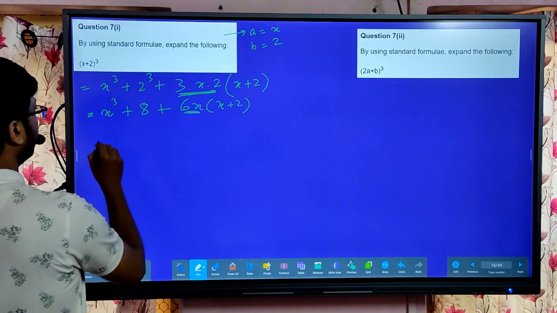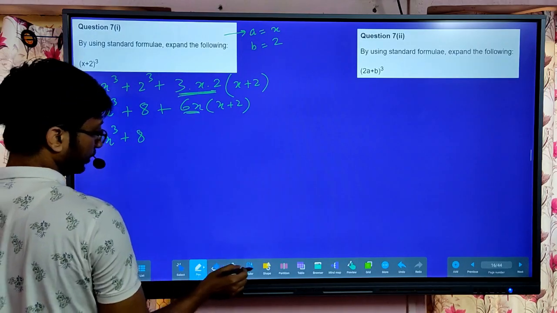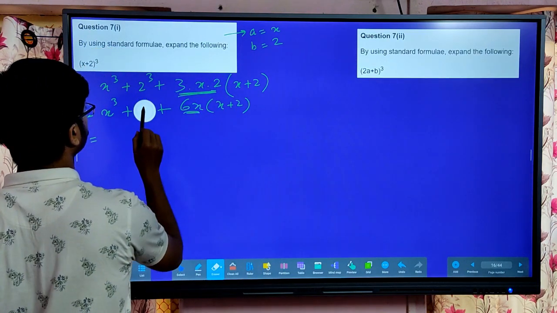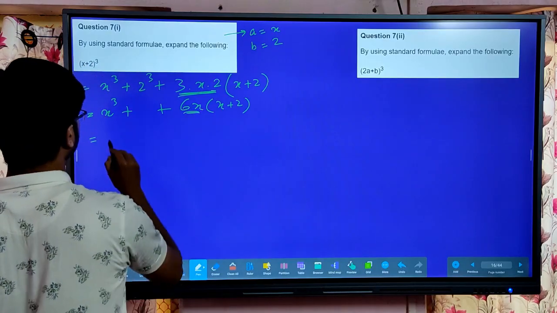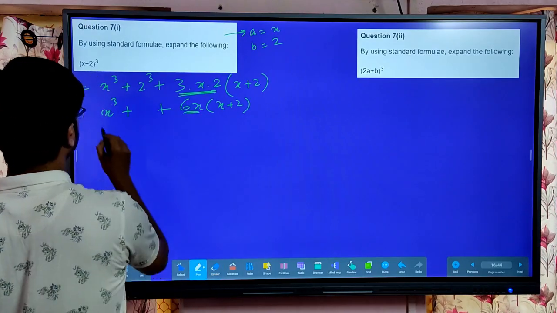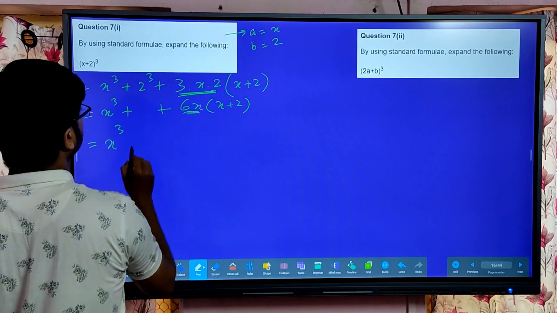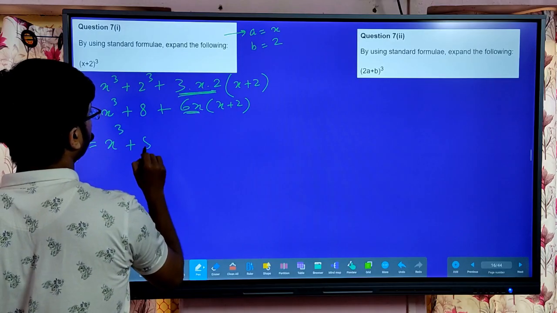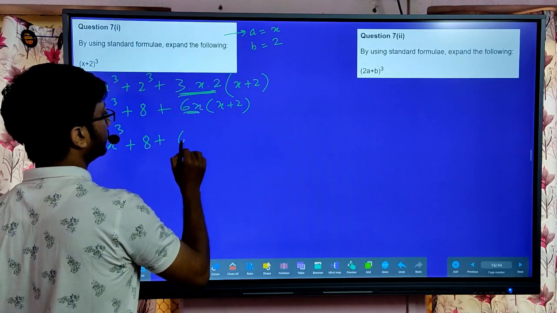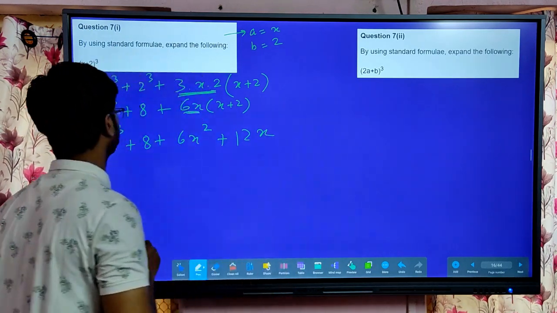So if you expand, it will be x cube plus 8 plus 6x into x, will be how much? 6x square, plus 6x into 2 will be 12x. So this will be the answer.